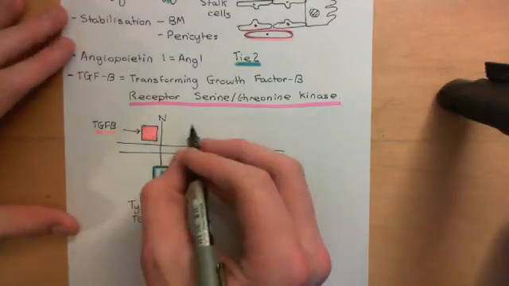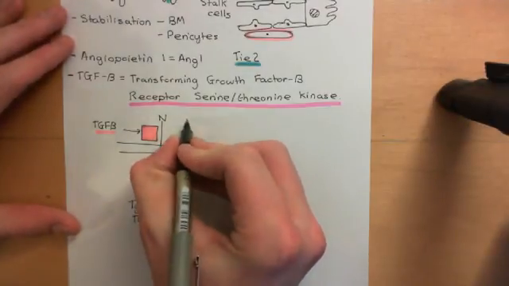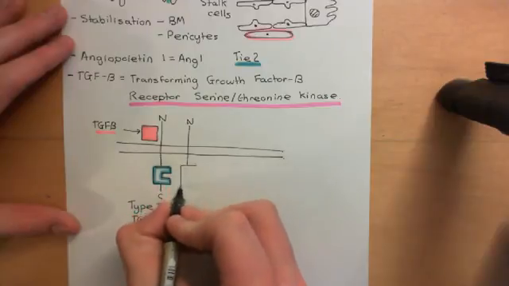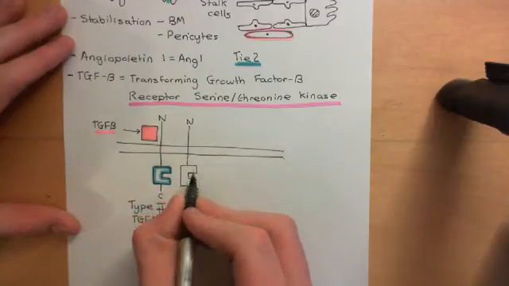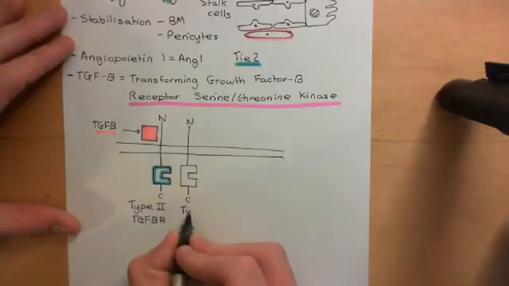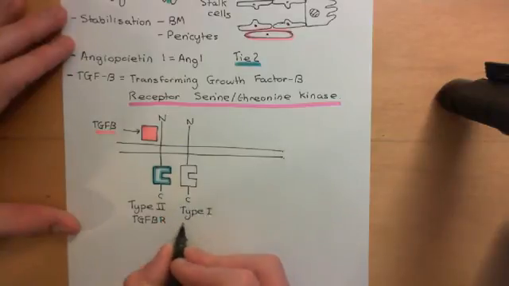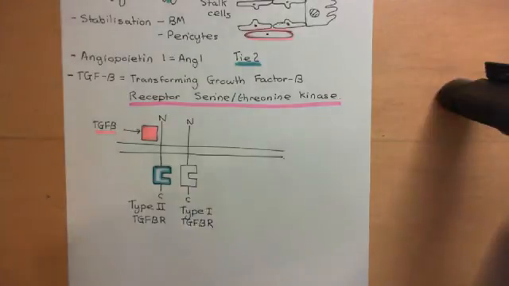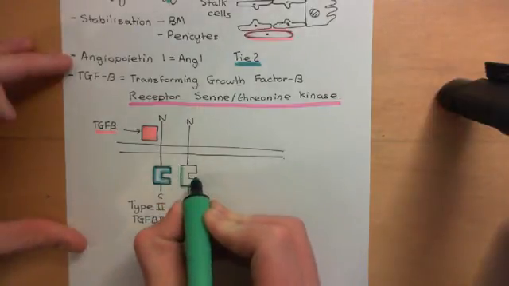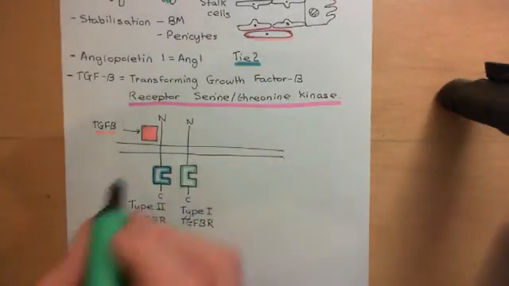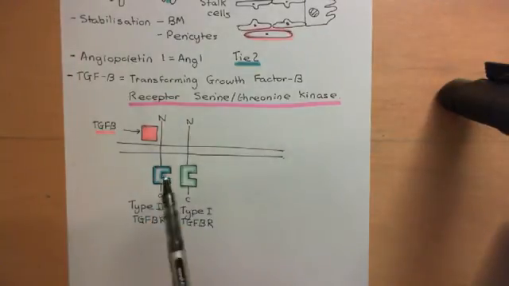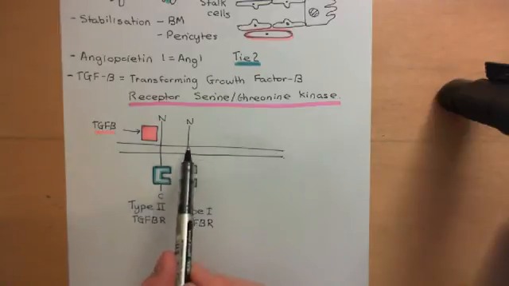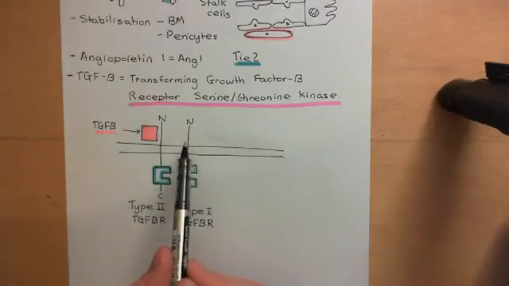So only when this ligand has bound can you now dimerize with the other one, the type 1 transforming growth factor beta receptor, which also has an inbuilt serine threonine kinase down here. So this is now the type 1 receptor. Now the type 1 receptor does not actually need to bind the transforming growth factor beta itself. All that needs to happen is one transforming growth factor beta binds to the type 2 receptor, causes a conformational change which allows it to dimerize with the type 1 receptor.